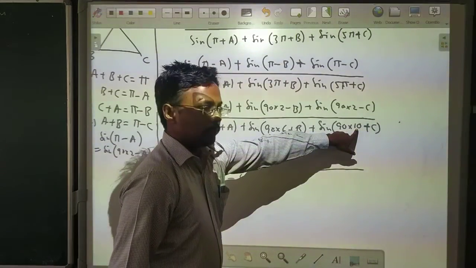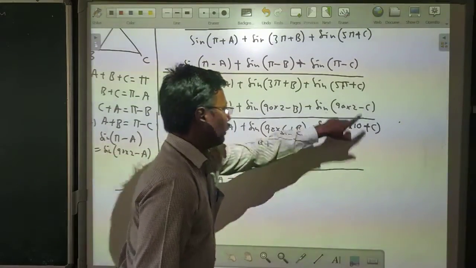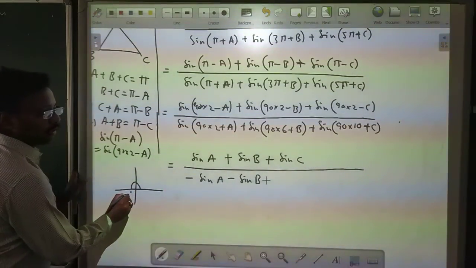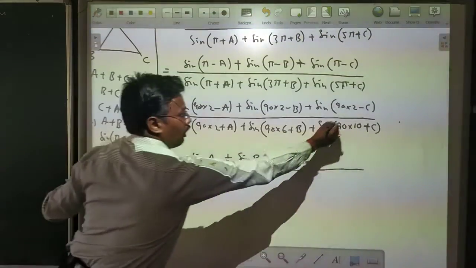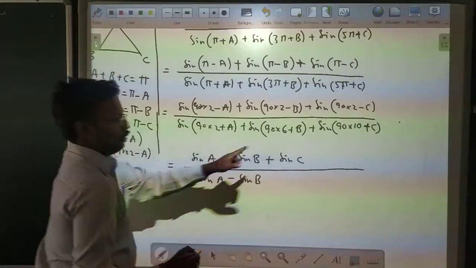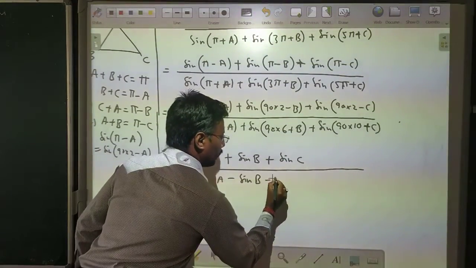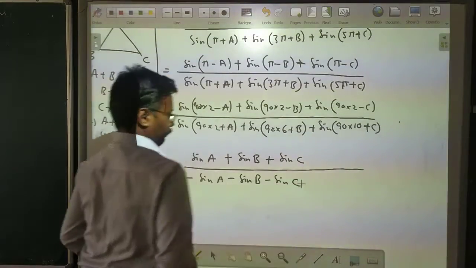Again we are getting an even number, so there is no change in trigonometric ratio, and this angle is also coming in the third quadrant, right? Because you know one complete rotation is 360 degree. Okay? So since it is coming in the third quadrant and because of the even number, we will be getting minus sine c.